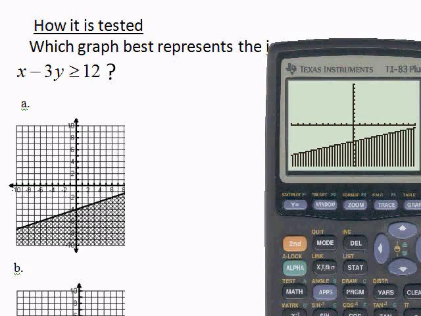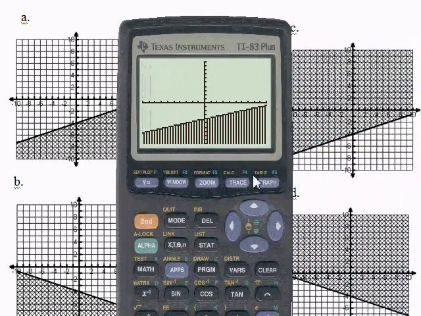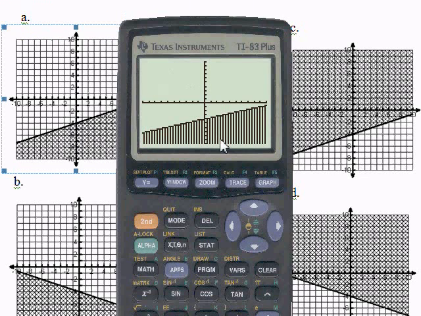Now the good news is, all we got to do is match the equation in our graph with one of the answer choices we're given. Is it A, B, C, or D? Now, it's pretty obvious that it has to be answer choice A, because it's the only one that really looks like the graph that we were given. So A is the answer.